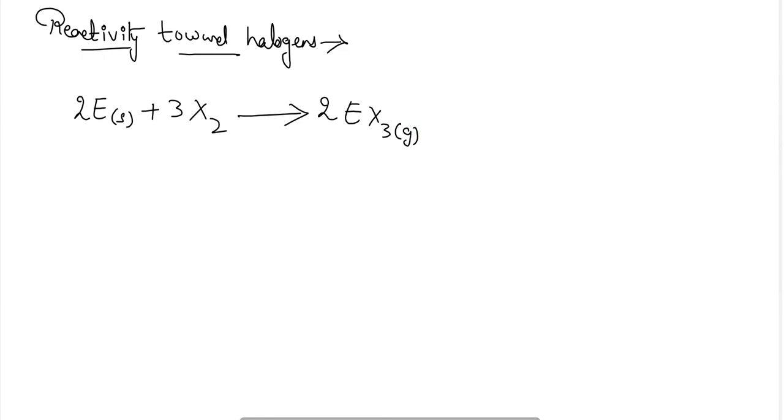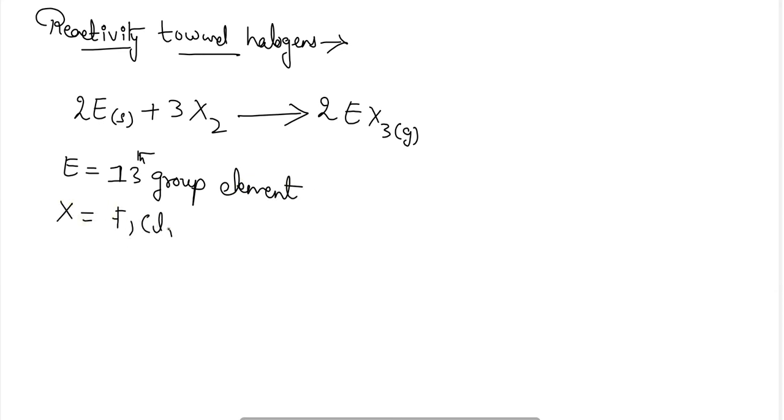Here E are the group 13 elements, and X can be fluorine, chlorine, bromine, or iodine.